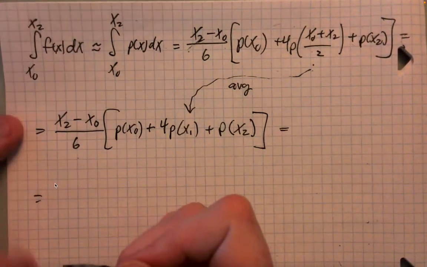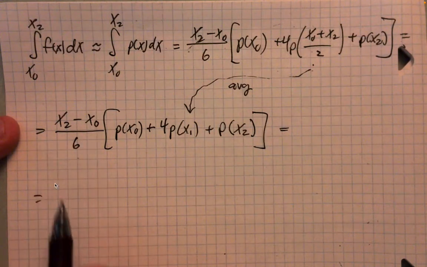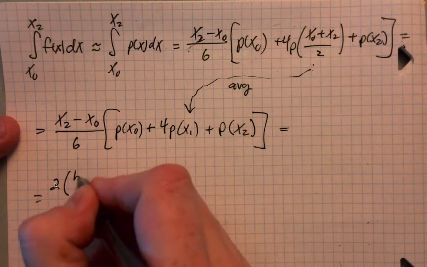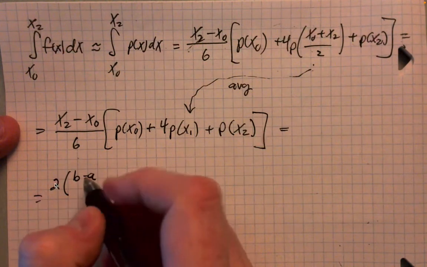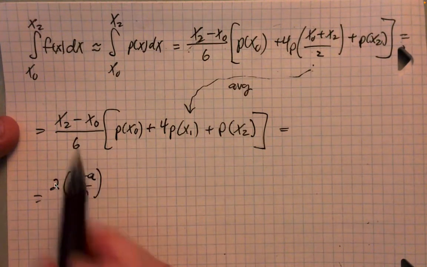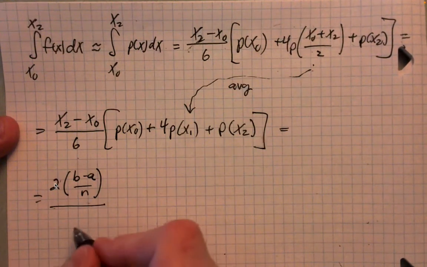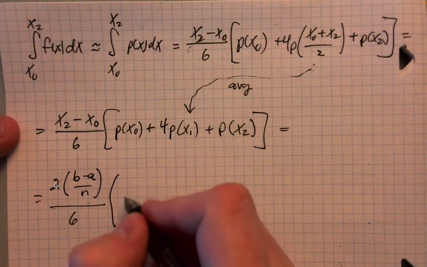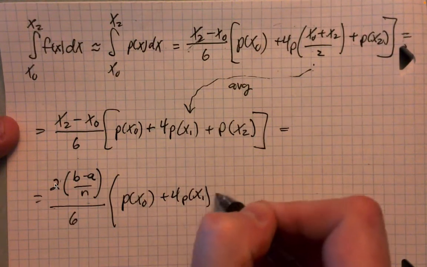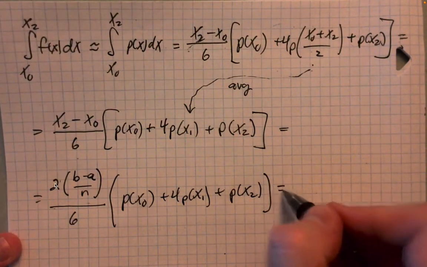So what else can we do here? Well, x2 minus x0 is just 2 times b minus a over n, right? So let's put that in here. x0 up to x1 is b minus a over n, and then x1 up to x2 is another one, so you've got 2 of them, all divided by 6. And then you've got p of x0 plus 4p of x1 plus p of x2.